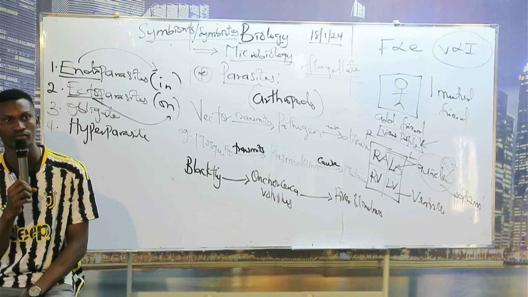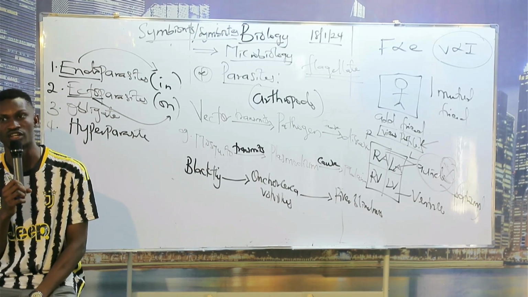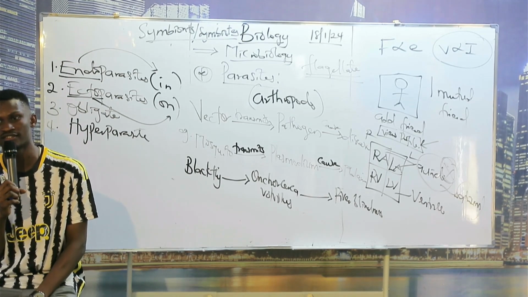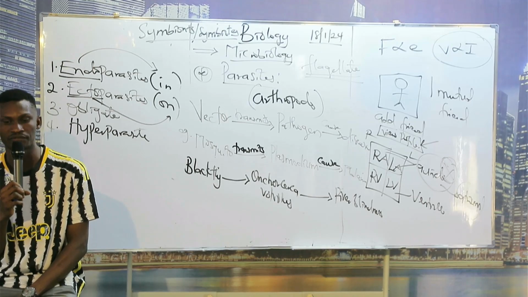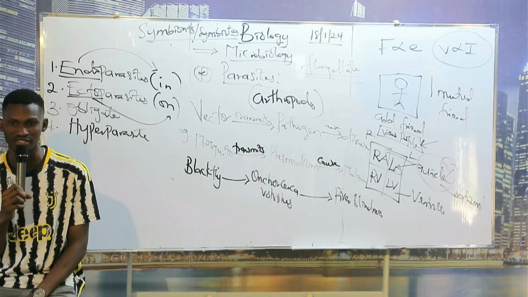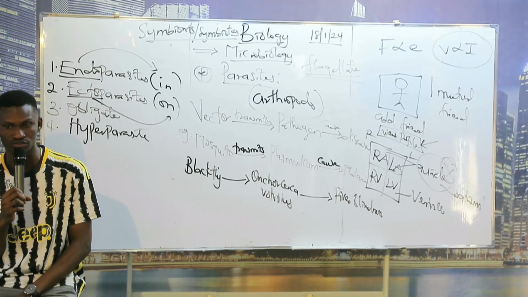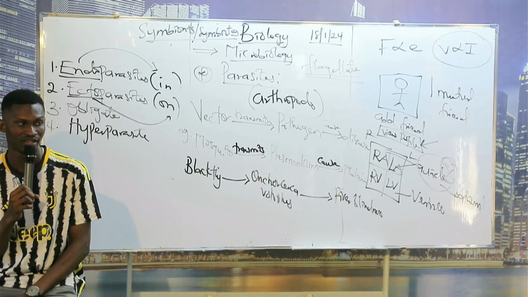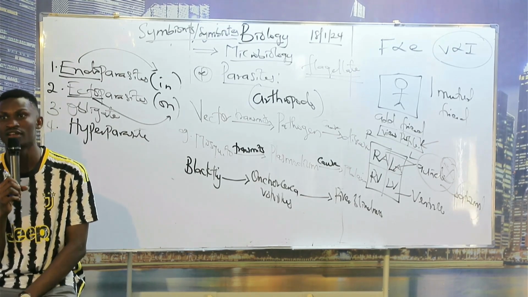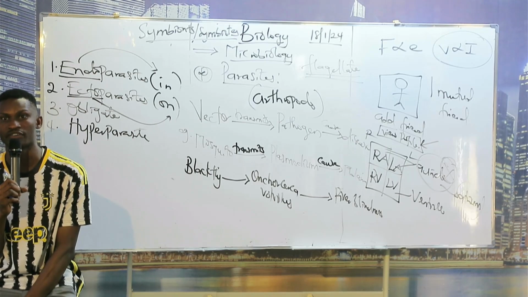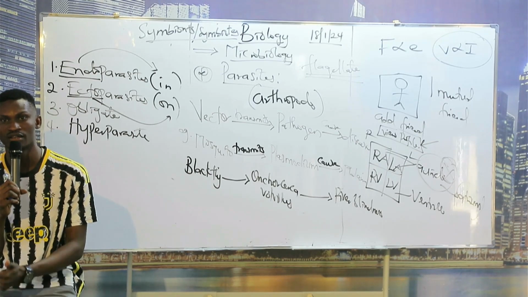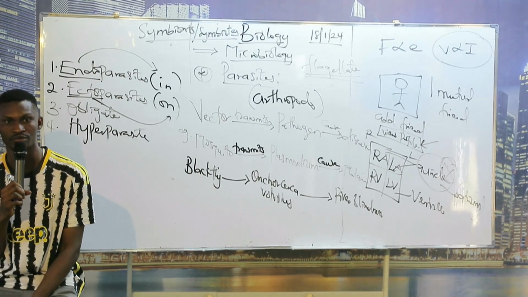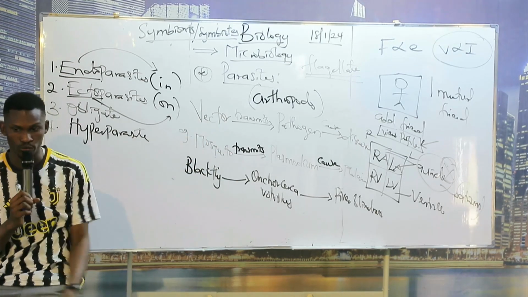Leeches. Then I told us that there's one phylum that has only 1 free living organism. Which one is that? Flatworms. What's the free living organism there? Planaria. Okay, so I told us that the ones that have parasites are protozoa, flatworms, platyhelminthes, and arthropoda.